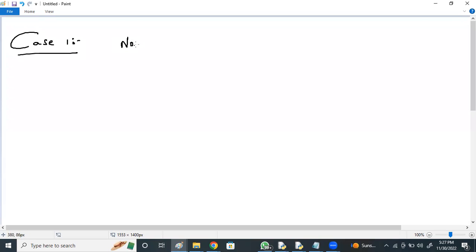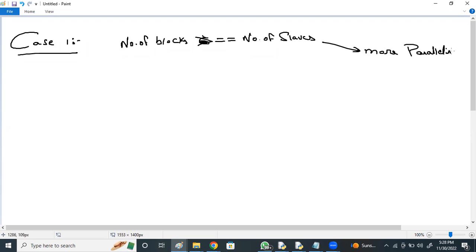If the file is divided into n number of blocks, and the number of blocks is equal to the number of slaves, assume the blocks are slaves, then more parallelism we observe, right? More parallel, high speed you see.